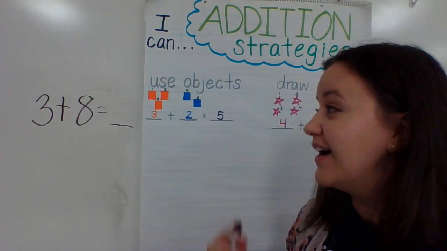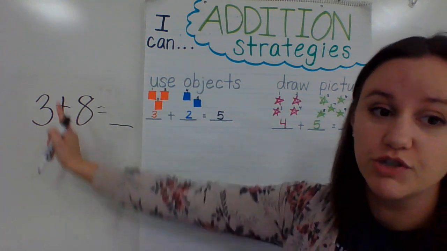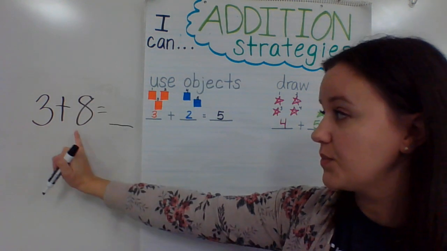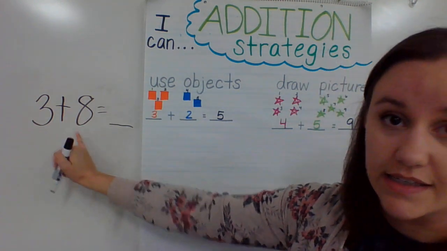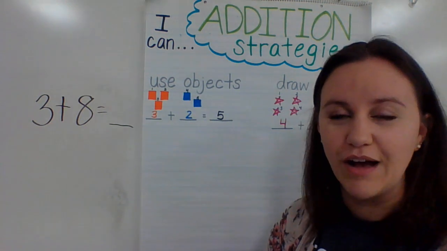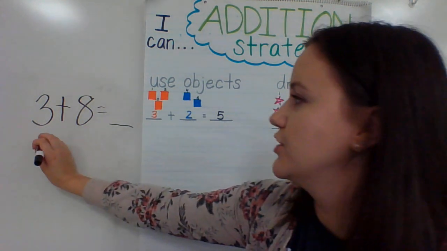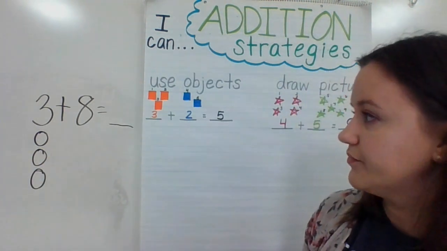Another way that you can use drawing pictures to help you solve, though, is think about which of these numbers is greater. Well, 8 is the greatest add-in here. 3 is less than 8. So I'm only going to draw pictures for my lesser number. So I'm going to do circles again. I'm only going to draw 3.